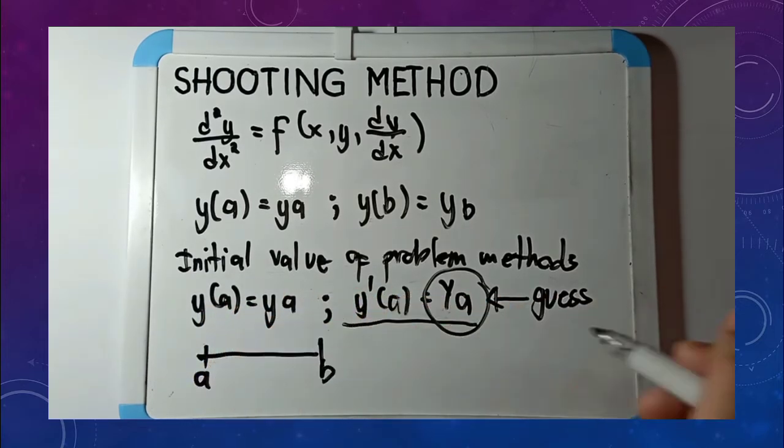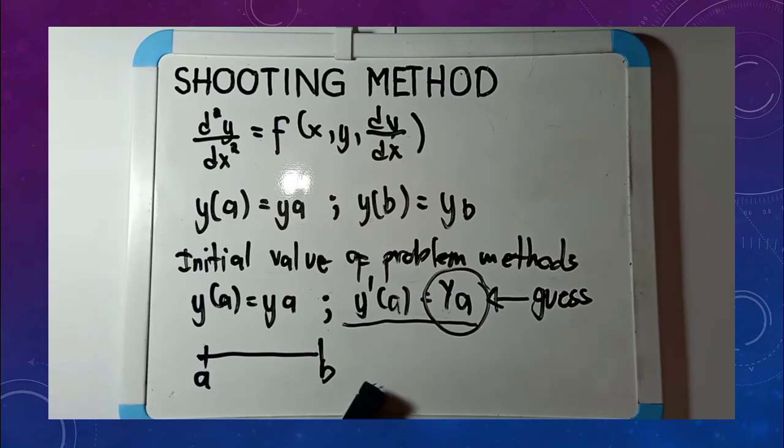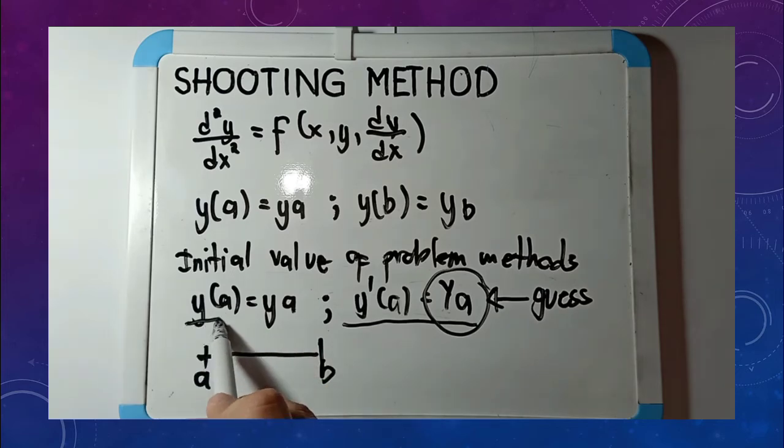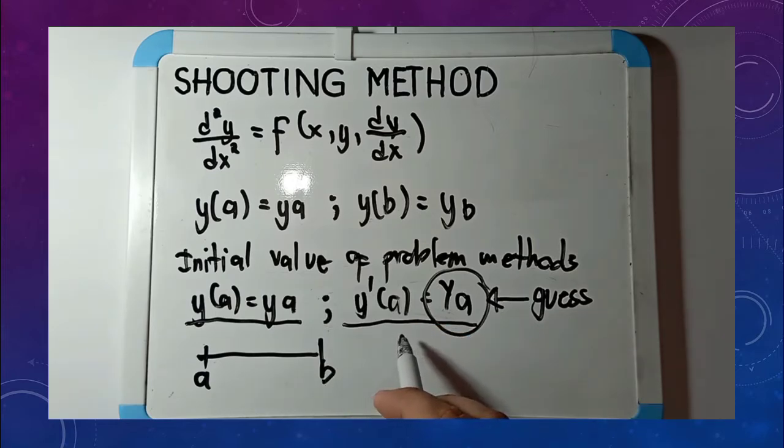So let's suppose that we have here x equal to a and x equal to b. And we are going to use our initial condition, which is y of a is equal to y sub a, and y prime of a is equal to capital Y sub a.